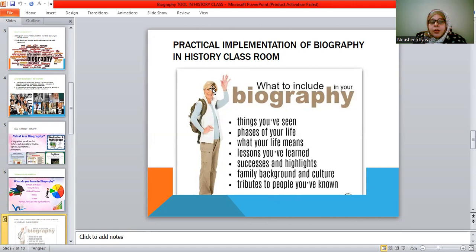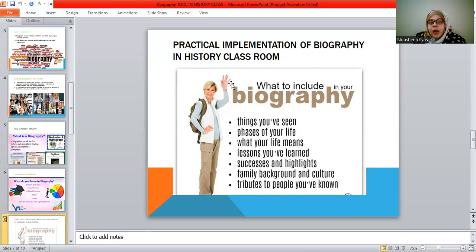For example, a student is writing a biography on the terrorist attacks of 9/11. So he will write what he has seen, phases of life, what the life meant, lessons learned, success and highlights, family background and culture, tributes to people you have known.